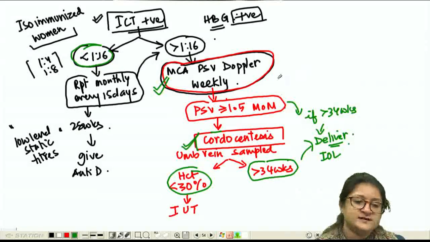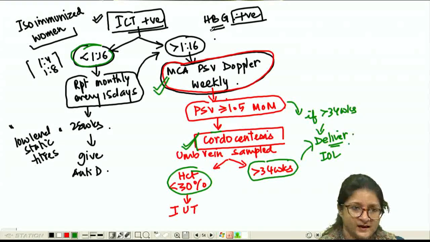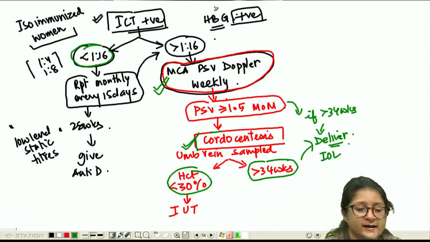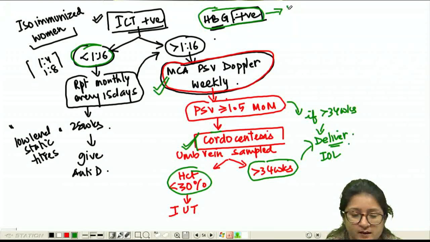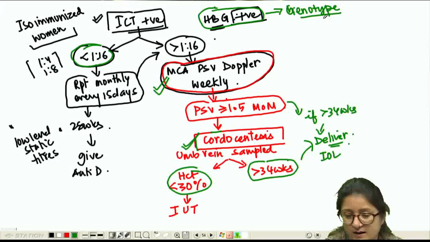So what the latest Williams and the ACOG are suggesting, and the UK guidelines are also suggesting, is that when we do the husband's blood group, we can go for the genotype of the husband.